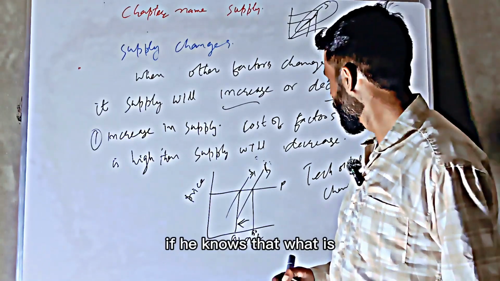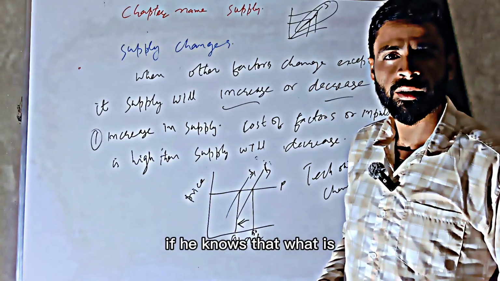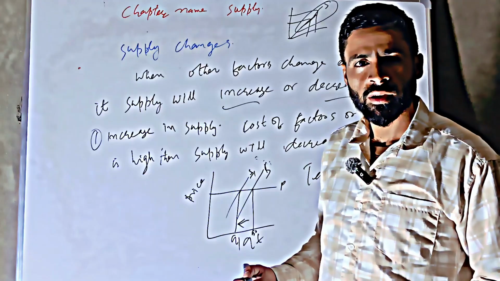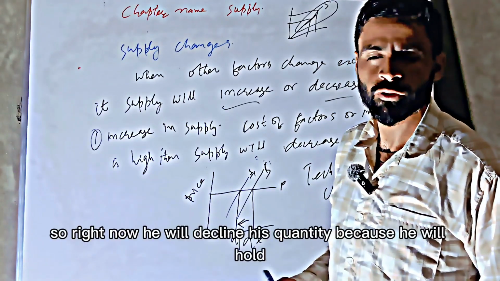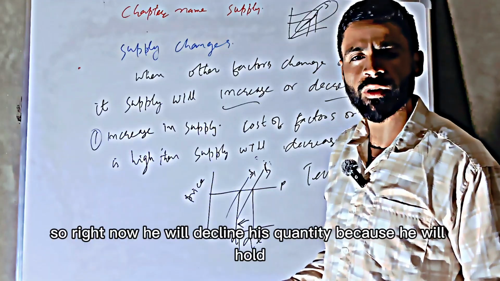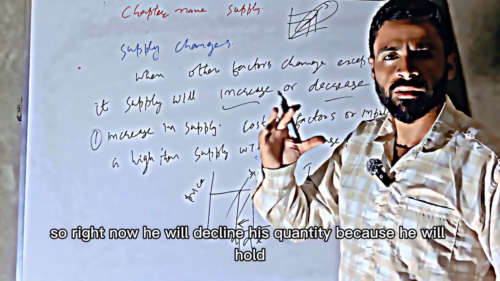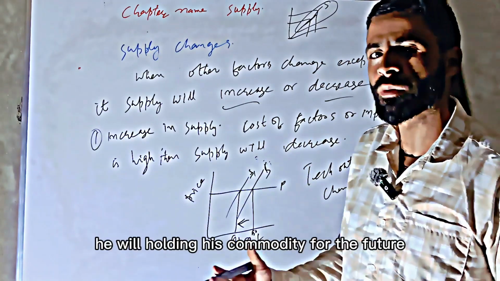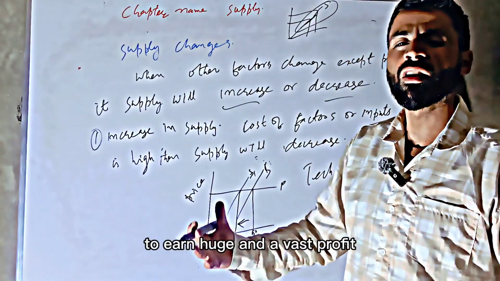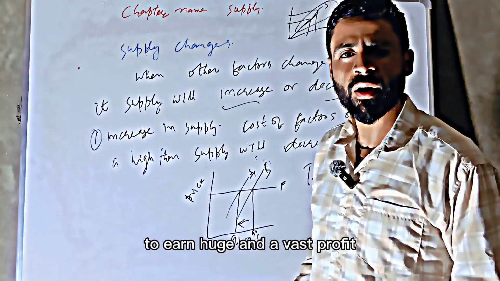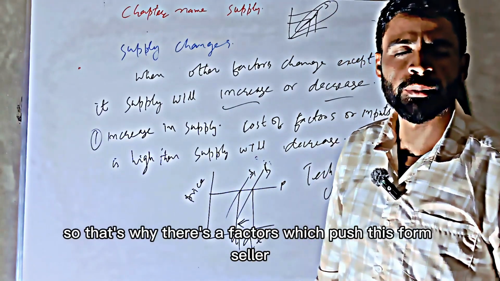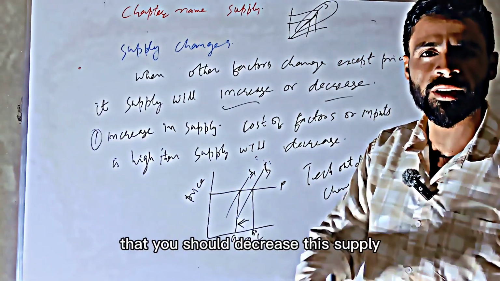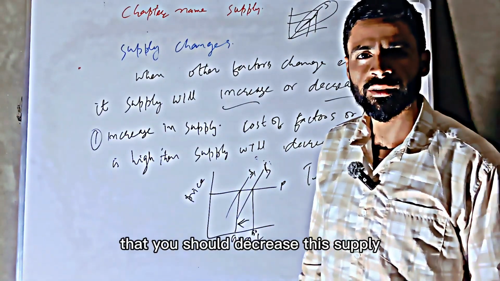If he knows that war is going to happen in the future, so right now he will decline his quantity, because he will hoard his commodity for the future to earn a huge and vast profit. So that's why these are factors which push the firm seller to decrease supply.